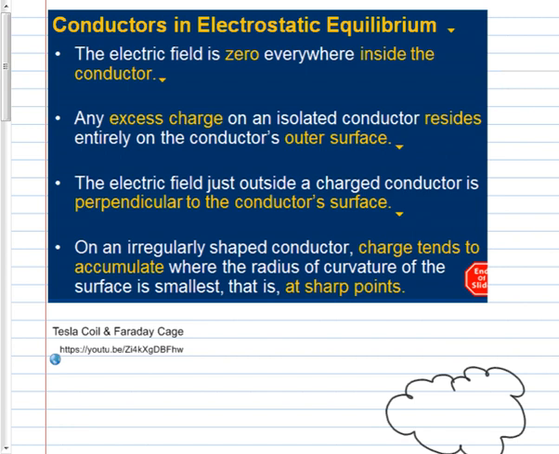Conductors in electrostatic equilibrium. The electric field is 0 everywhere inside a conductor. If I have a metal wire, let's make it a metal rod so it's bigger, that is statically charged, there is 0 charge inside that rod.